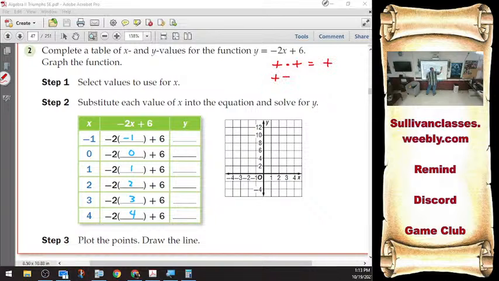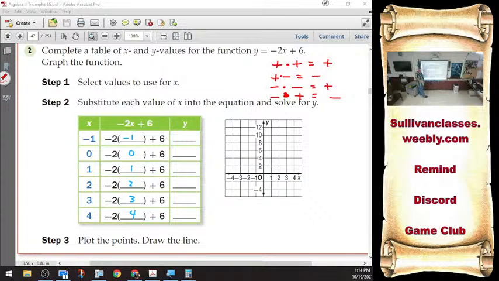Positive times negative. Negative times negative. And negative times positive. Okay, if we've got to do that, there's a chair there. Okay, so -2 times -1 is a +2.